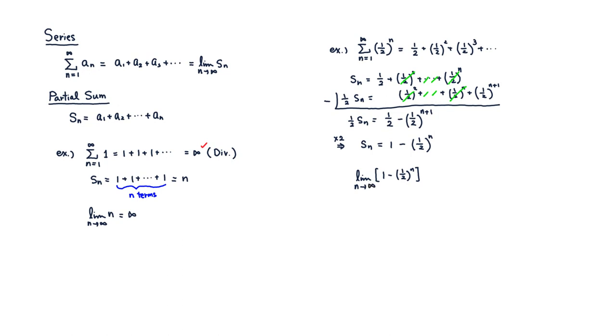So you can see that here, as n approaches infinity, 1/2 to the large power is going to be very, very close to 0. So this guy approaches 0. So therefore, you end up getting 1. So this is going to turn out to be 1.